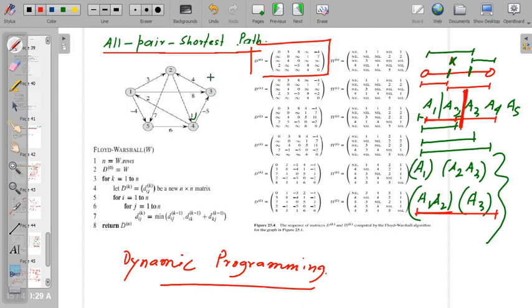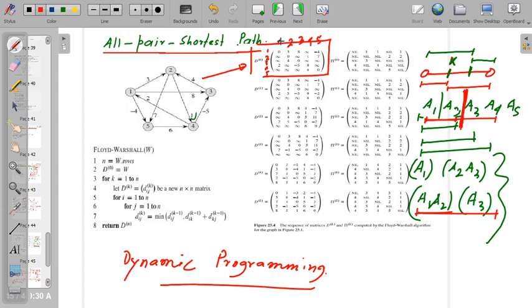How to form this matrix from whatever path costs we have here? From there, we have to find out this matrix. So we can think of index 1, 2, 3, 4, and 5, and here 1, 2, 3, 4, and 5.